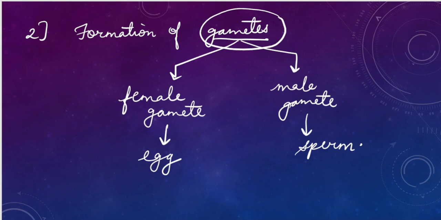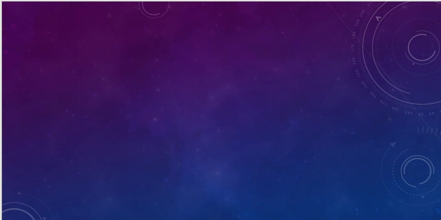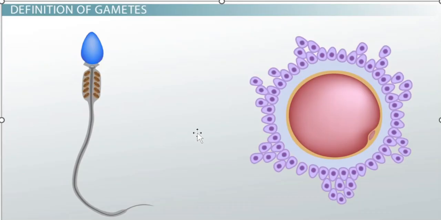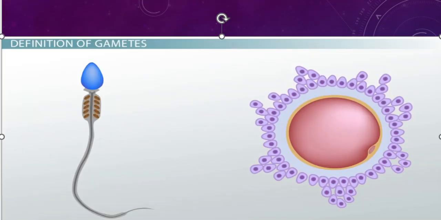For the formation of gametes you need cell division. The gametes participate in reproduction, even in plants and animals, in both places. You can see the image of egg and sperm here.